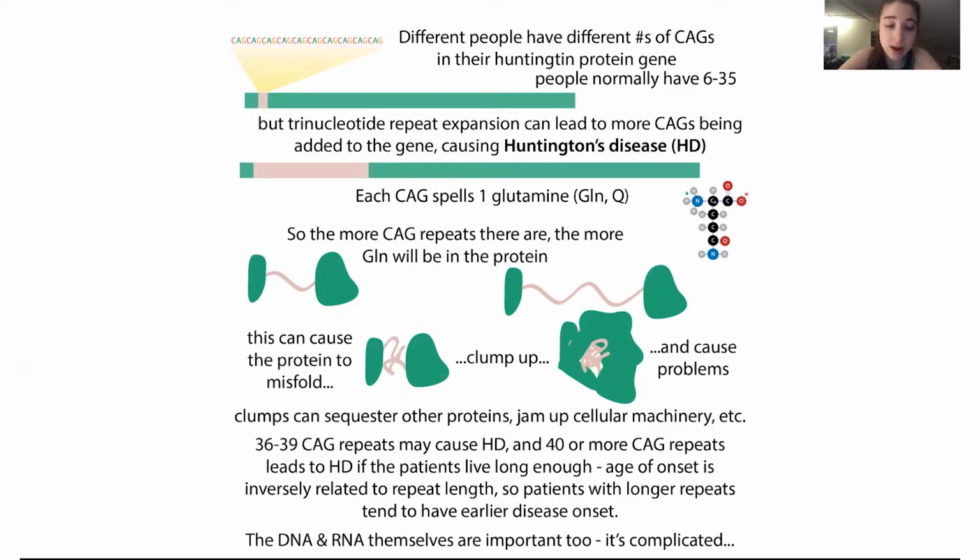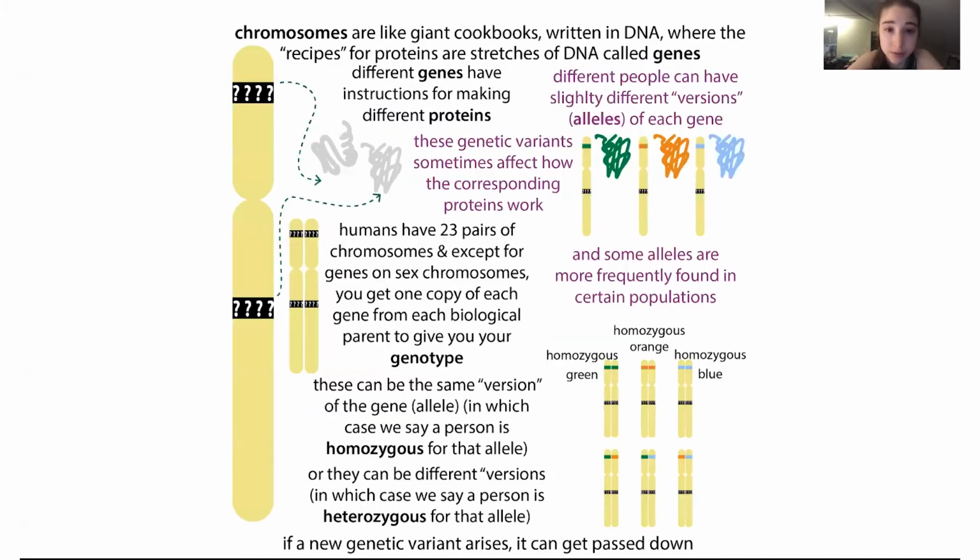So let's talk about how this happens. Basically, Huntington's is what we call autosomal dominant. For every gene that you have, the genes are like the recipes for making various proteins.